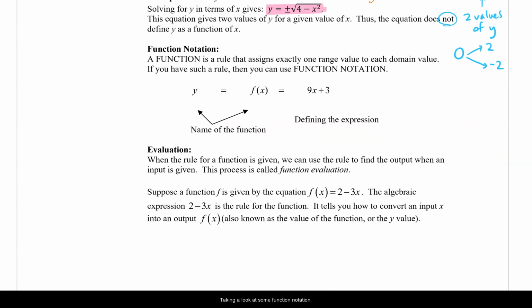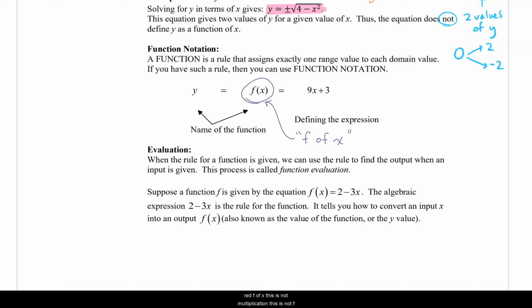Taking a look at some function notation. A function is a rule assigning exactly one value in the range to one value in the domain. If we have a function rule, then we can use what's called function notation. All this is doing is replacing the y variable with a new symbol read f of x. This is not multiplication.